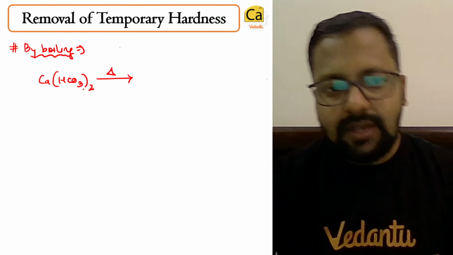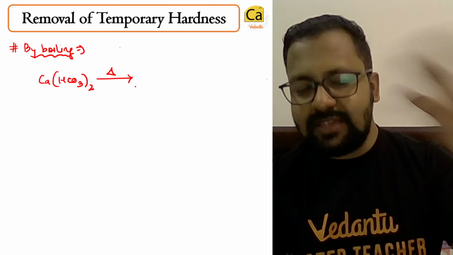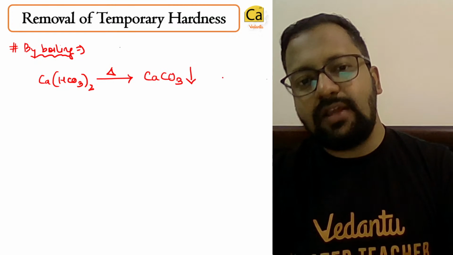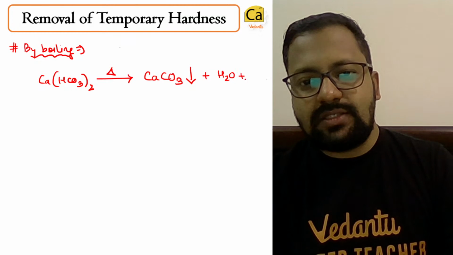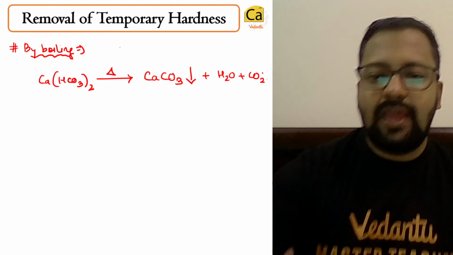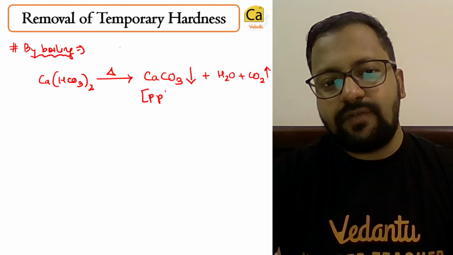You have taken water which contains calcium bicarbonate. You boil this water. You will get a precipitate of CaCO3, and H2O and CO2 will be lost. You will get a precipitate of CaCO3.